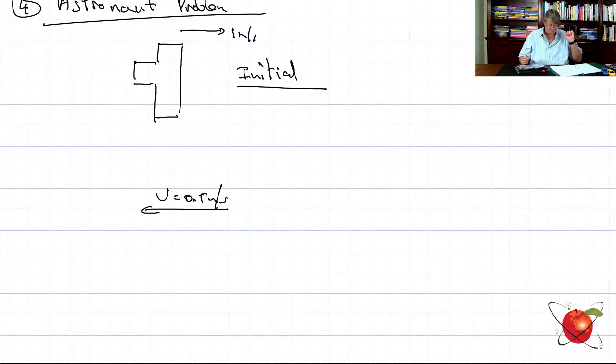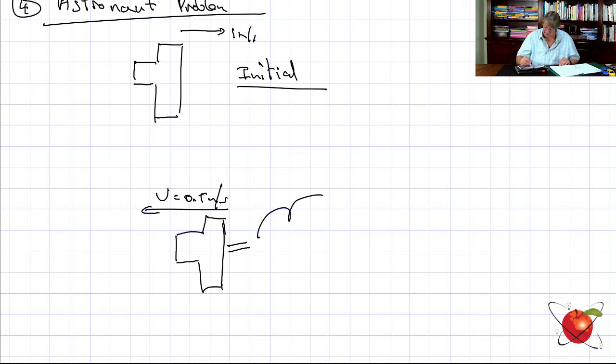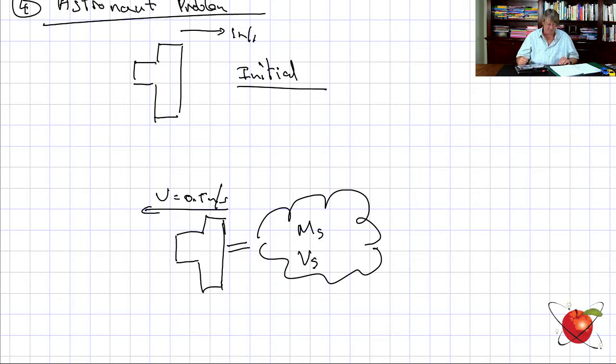Then they say the mass of the astronaut is 250 kilograms, obviously with him in his spacesuit. So now I draw my little astronaut here. And what did he do? Basically, he spurted out a mass of gas at a velocity of gas.